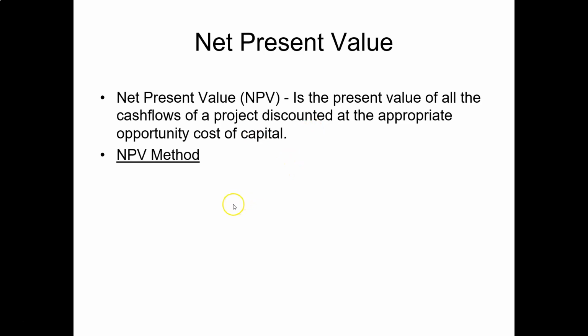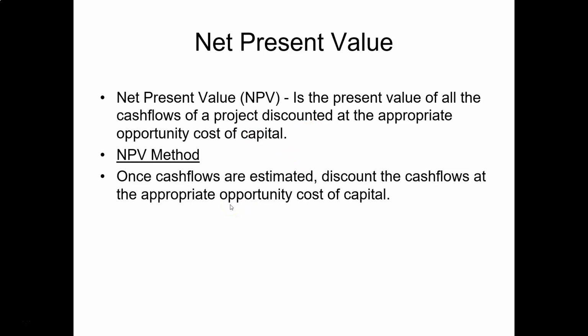So we can summarize the NPV method in 2 steps. The first step is to estimate cash flow at each time point, then pick an appropriate opportunity cost of capital, and discount the cash flows at all the time points. And then we select the project with positive net present value.